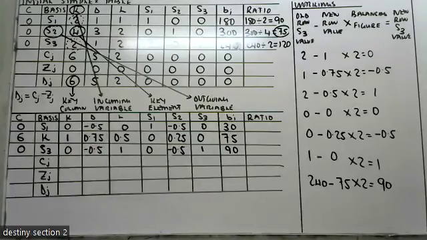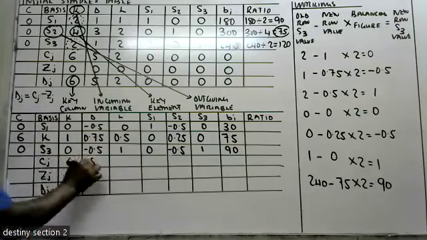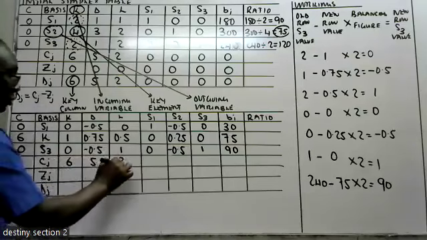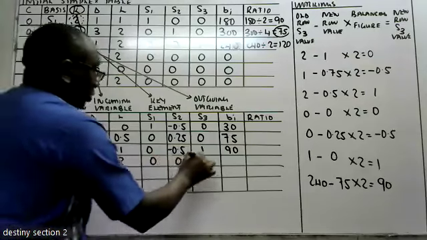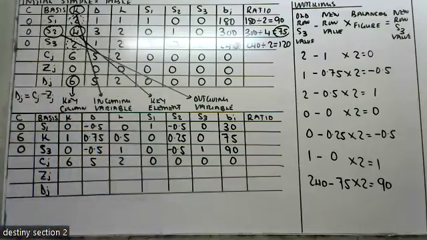Then the values in Cj, they remain. So we are going to have 6, 5, 2, 0, 0, 0, 0. So those values remain.